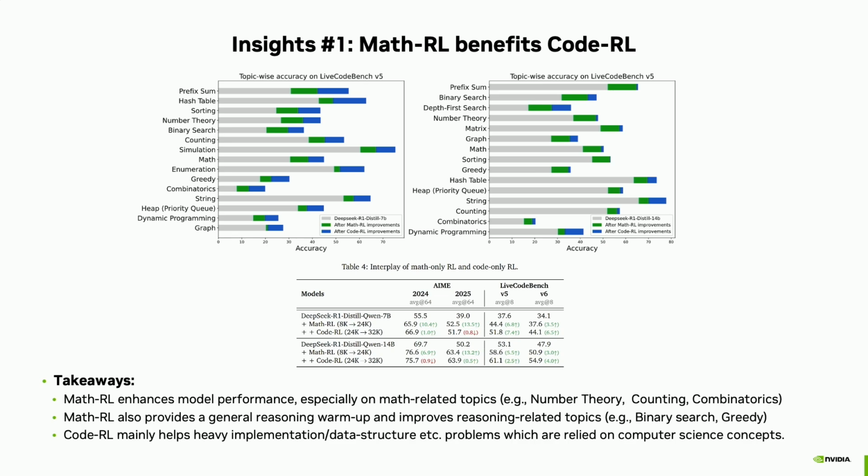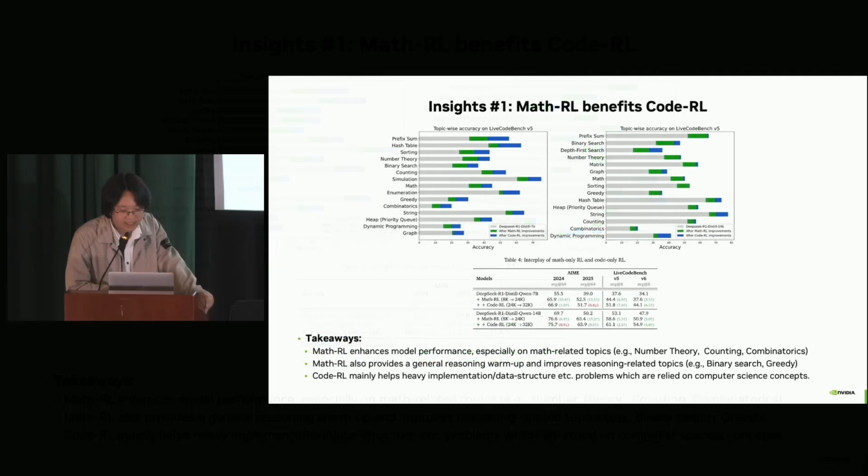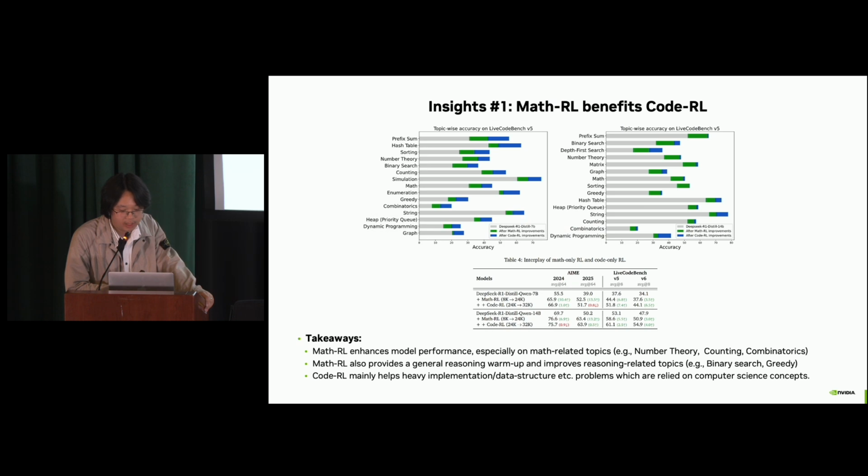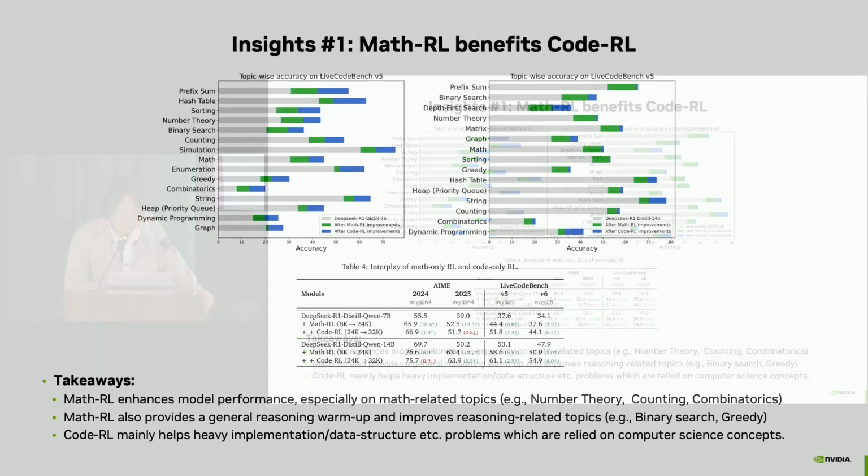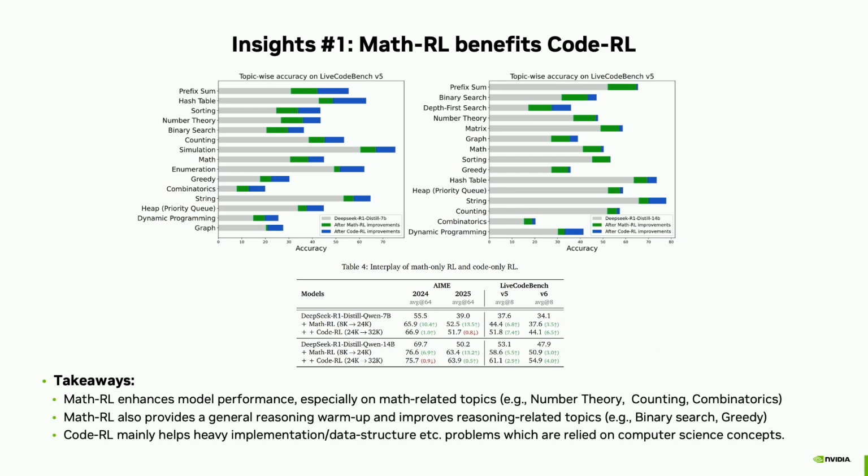To dig further into this, we checked how the math IL actually improves the whole RL model training. We find that doing the math IL can enhance some math-related topics. If we look at the upper figure, the green bars refer to the model's improvements after the math IL, and the blue bars refer to the improvements introduced from the code IL.